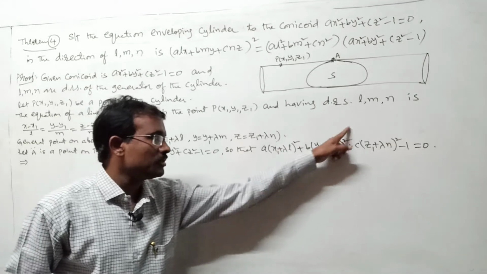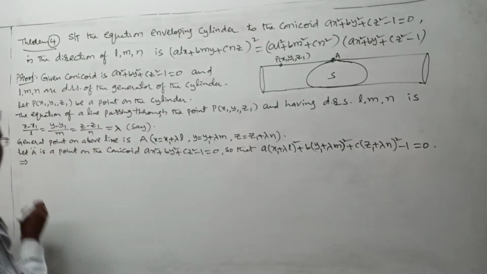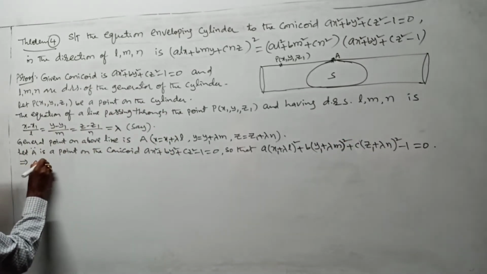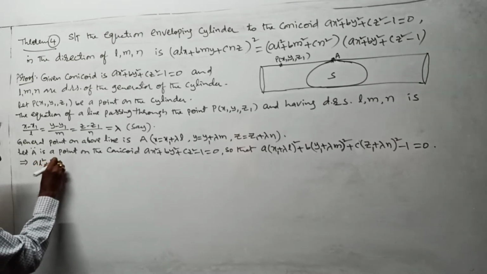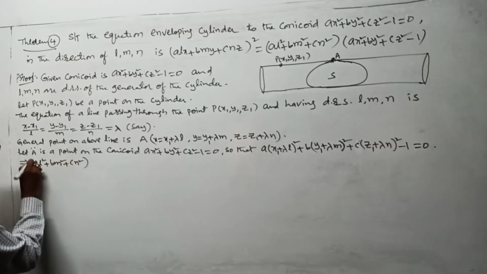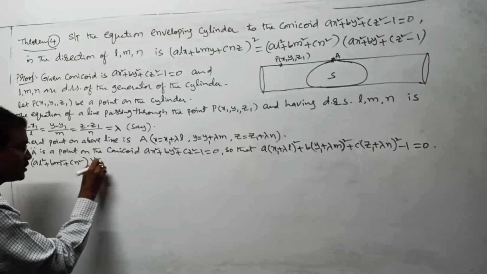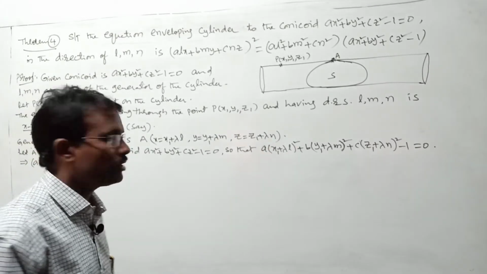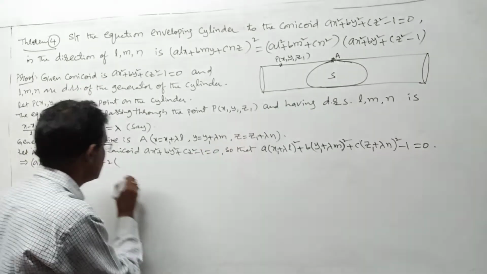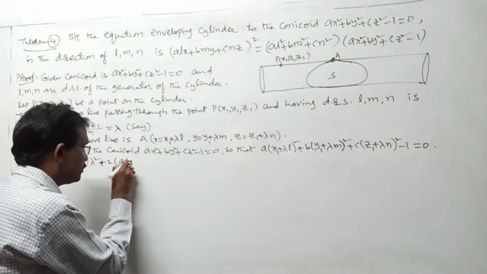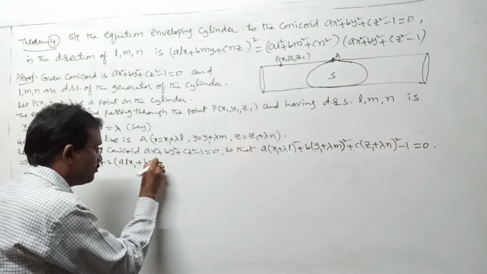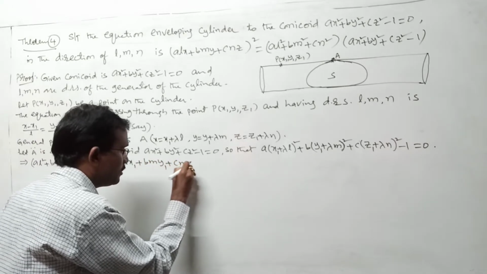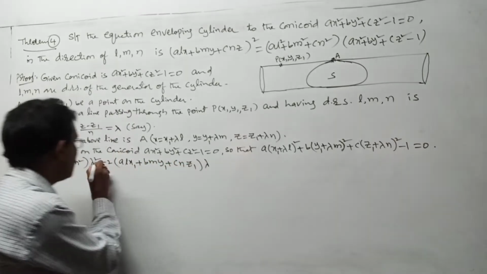This b square term gives what? The lambda square term, or not? Clearly I am writing al square plus bm square plus cn square into lambda square. Already the previous condition we proceed. Next, the 2ab term gives what? The lambda coefficient. This 2 and lambda are taken outside: 2 lambda into (alx1 plus bmy1 plus cnz1).